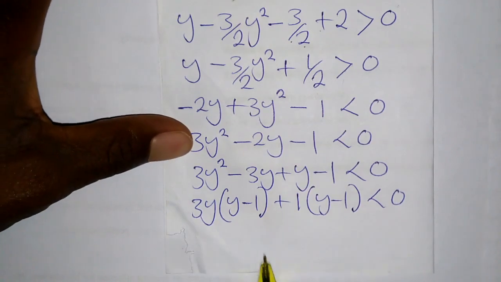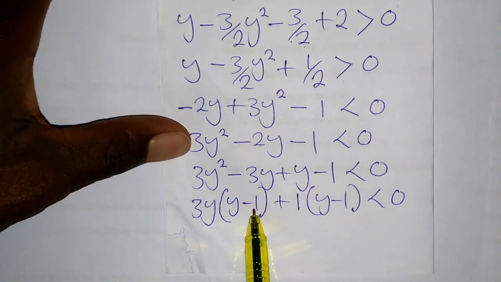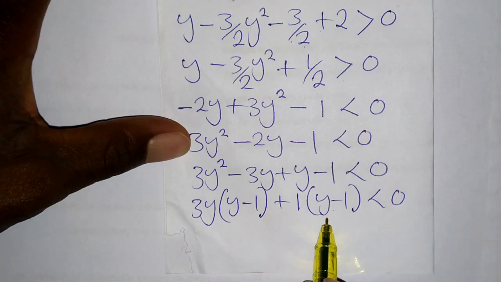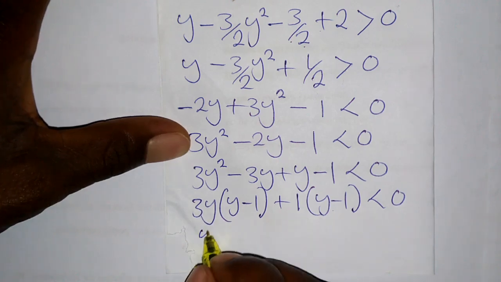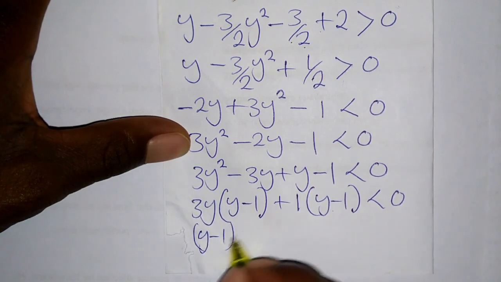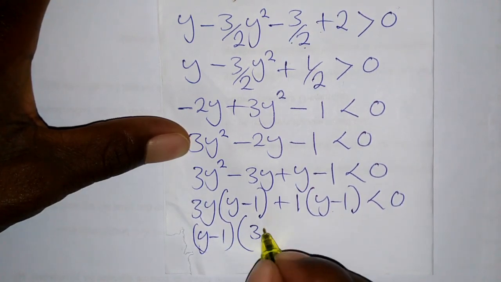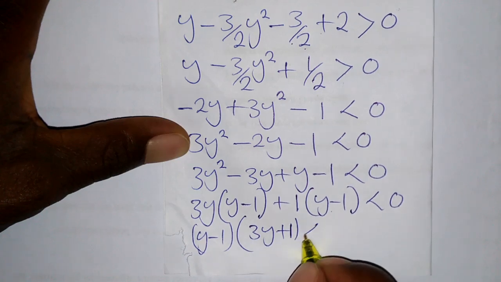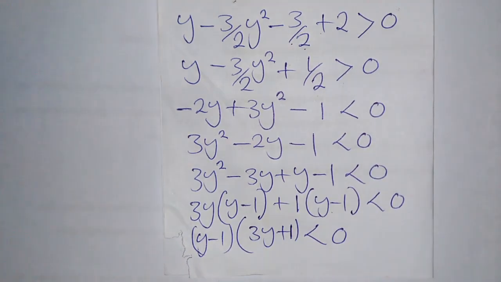So as you see, we have y minus 1 common in the bracket. We can also factor it out. To factor this out, we have y minus 1 and then we have 3y plus 1 less than 0.